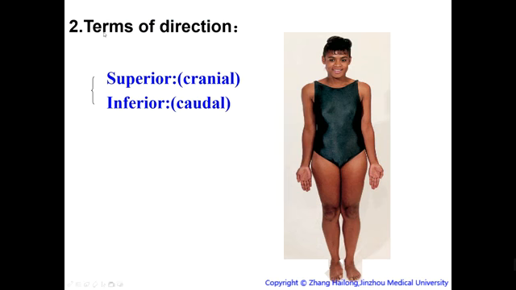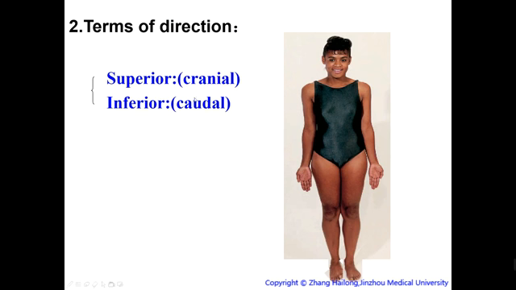And now I'll introduce the terms of direction. According to the anatomical position, we'll name some directions. So you should know the anatomical position, then you know the normal direction.